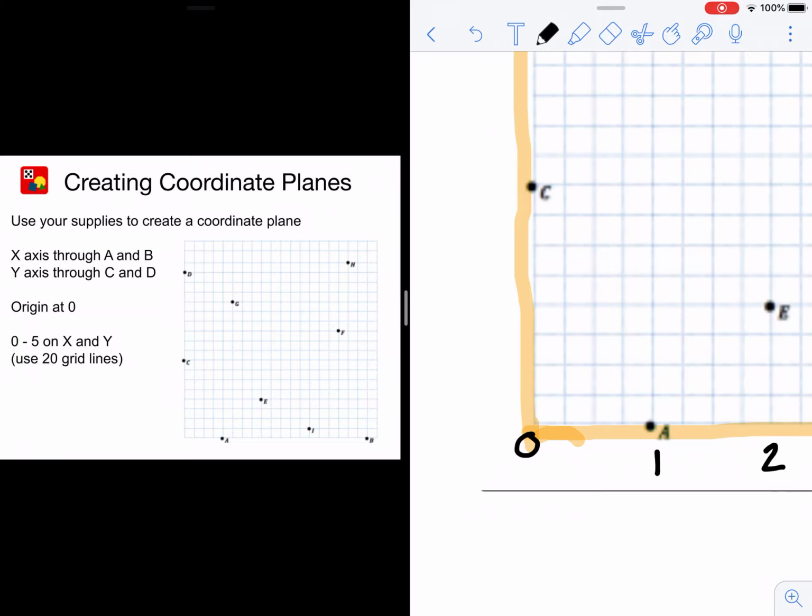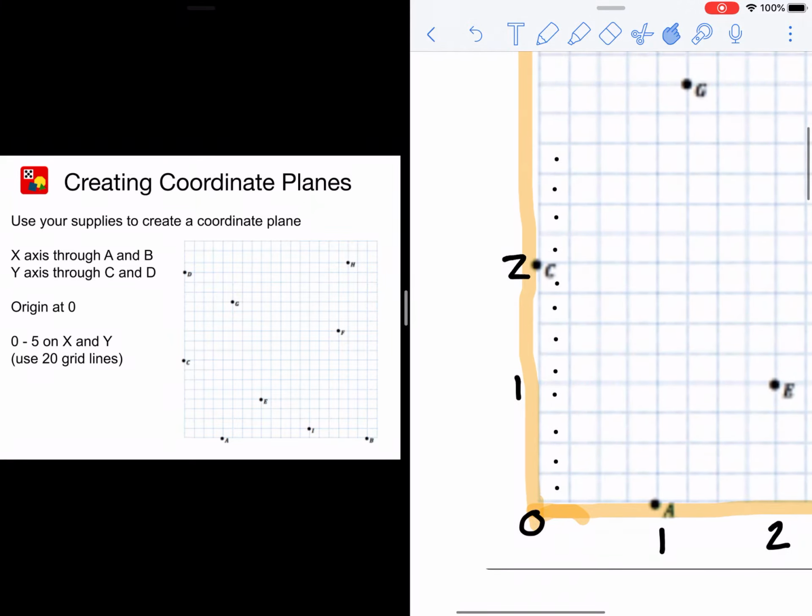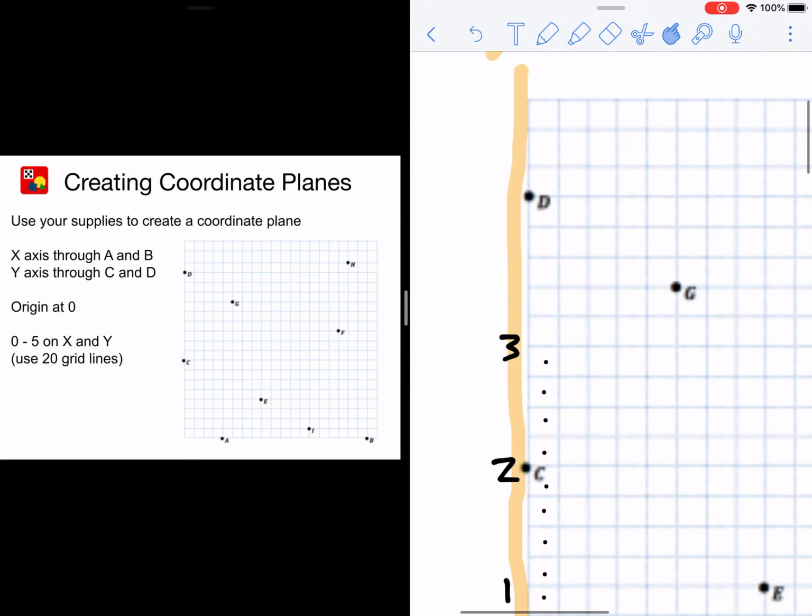Every 4 spaces, I put the number 1, 2, 3, 4, 5.